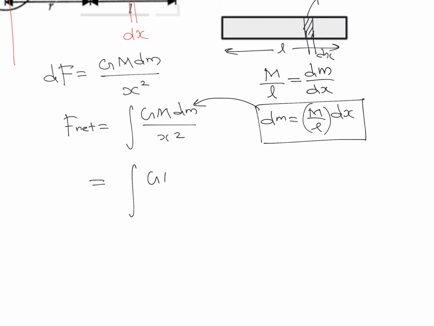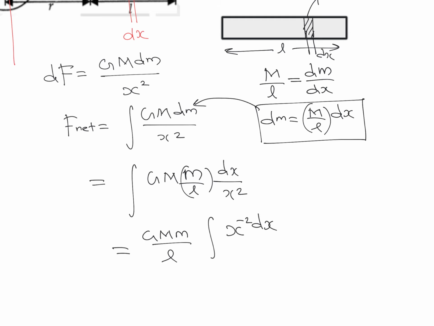So what we get is G into M into, instead of dm, small m divided by L into dx, because the mass of the rod is given as small m, divided by x squared. Now it is in the form of integration: G M m divided by L into the integration of x raised to minus 2 dx.